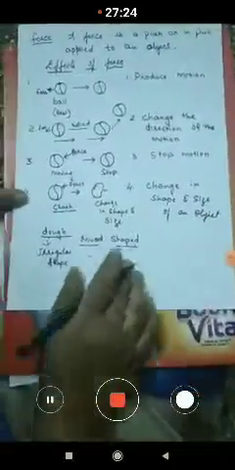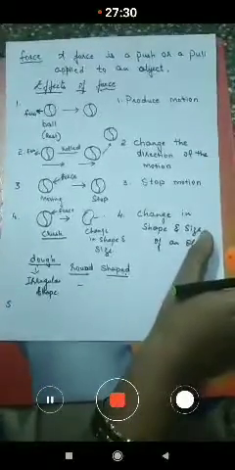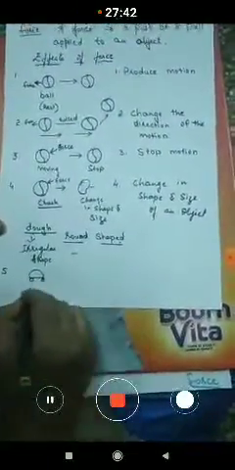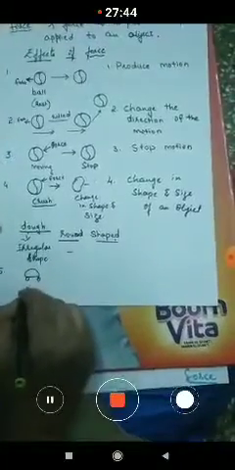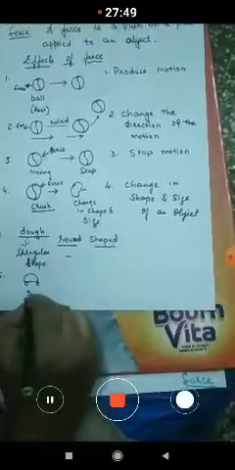Okay, so what is the fifth effect? Now you have seen the four effects of force. Now there is a car. It is moving at a certain speed. You think 5 meters per second.